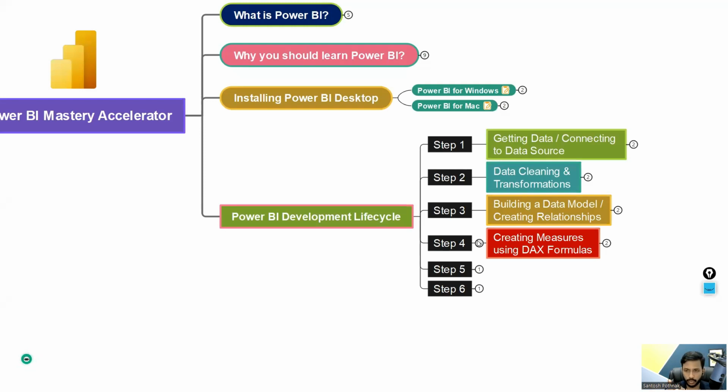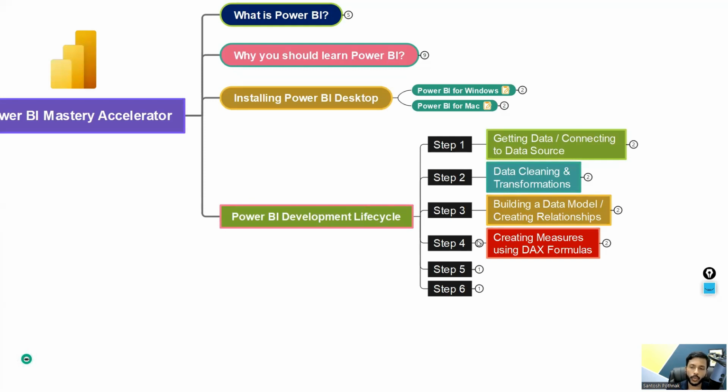It's not huge code as such, but a small formula language where you can write it down, saying, okay, in order to calculate something, just like in Excel, to sum up some things, you need to write some formula. Just like that, you write a formula, sum of something. Those are called measures. Once you write a formula using DAX, those are termed as measures.